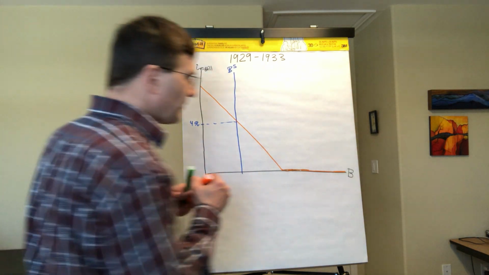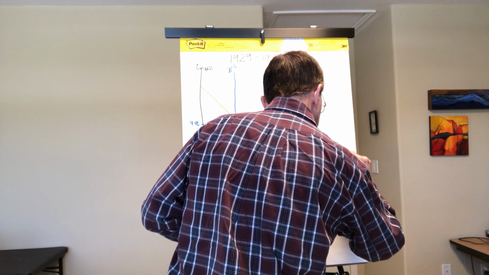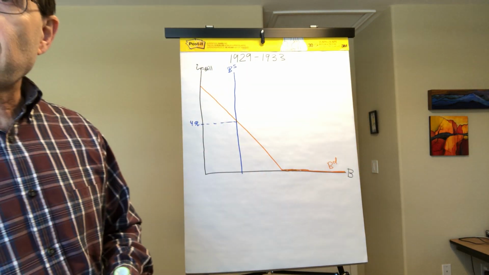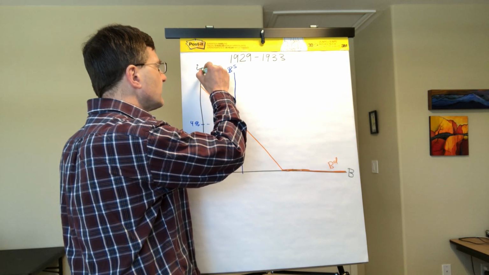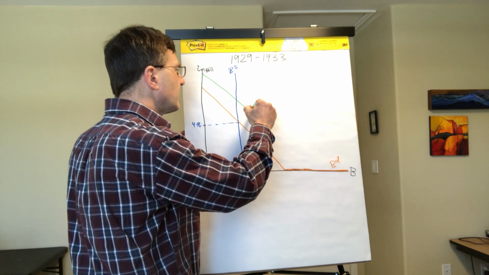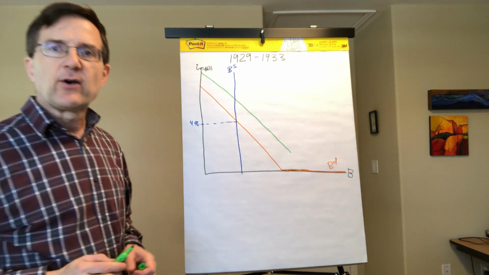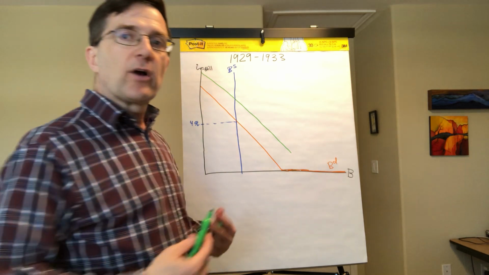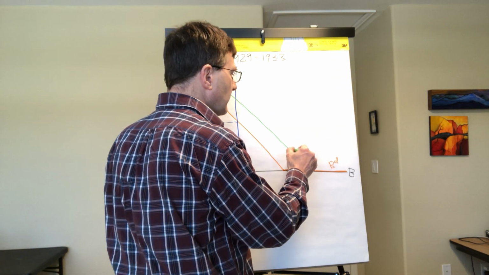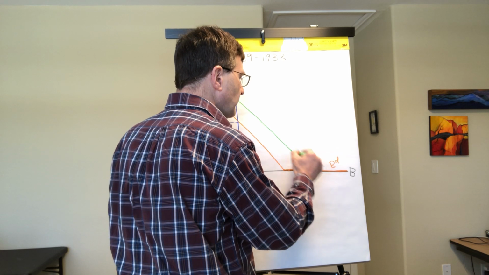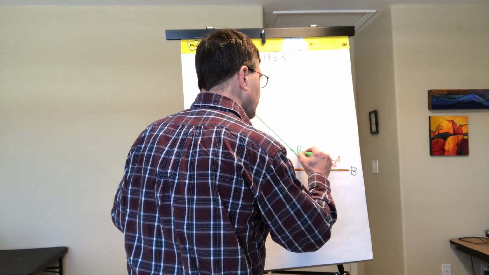Okay, so we had to begin with this orange demand for the monetary base. Now we're going to go from orange to green, and the demand shifts out because for any interest rate, people now want more paper currency. They want some excess reserves. The required reserves were the same, so the new demand for the monetary base looks like this.